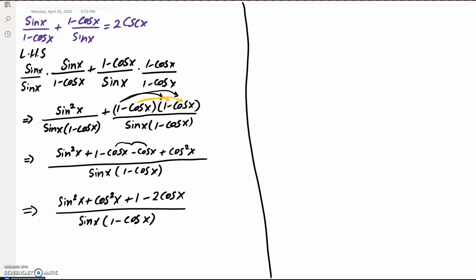Clear? Now notice this part. This is the Pythagorean identity, and we know that sine squared x plus cos squared x is equal to 1. Now this term will become 1 plus 1 minus 2 cos x over, again, the denominator stays the same.